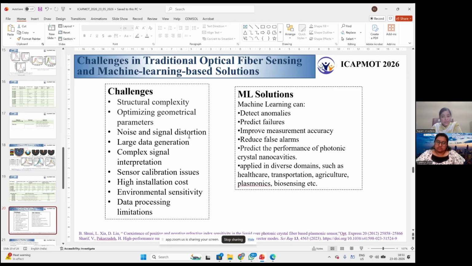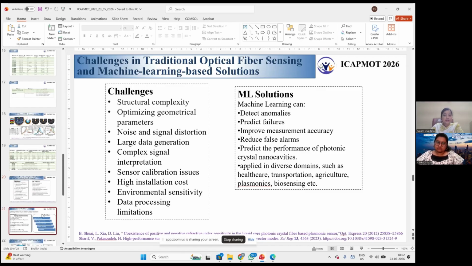So we can predict failures, the measurement accuracy can be improved, and false alarms can be reduced. These are the ML solutions offered by different types of ML models, and this can also be applied in diverse domains such as healthcare, transportation, agriculture, plasmonics, and biosciences, etc.